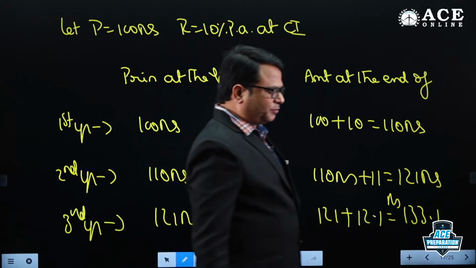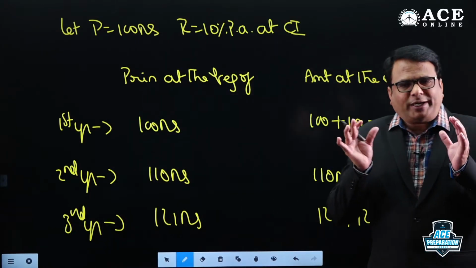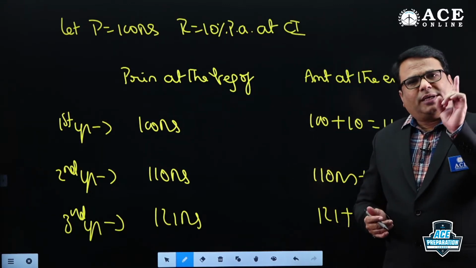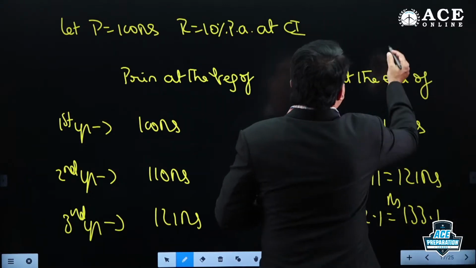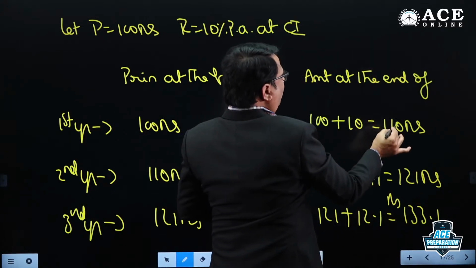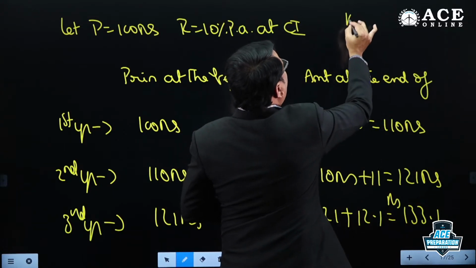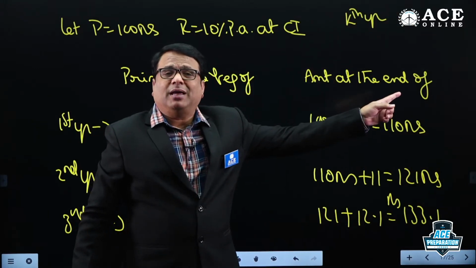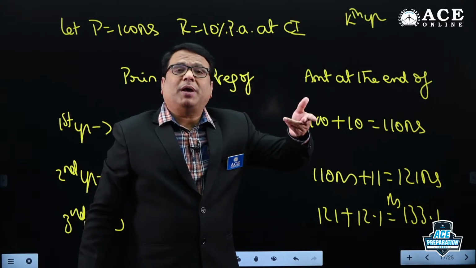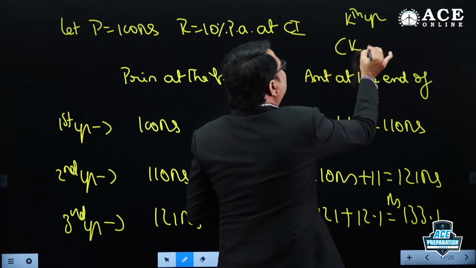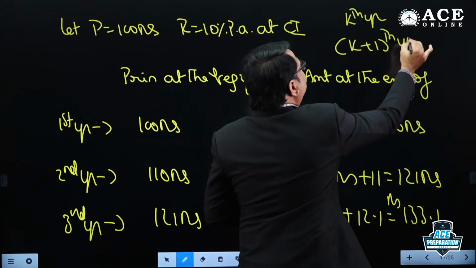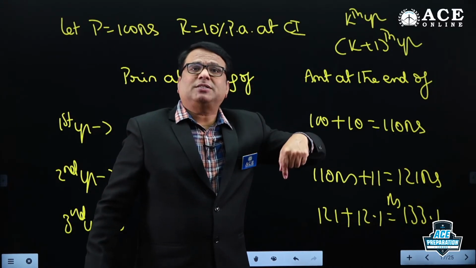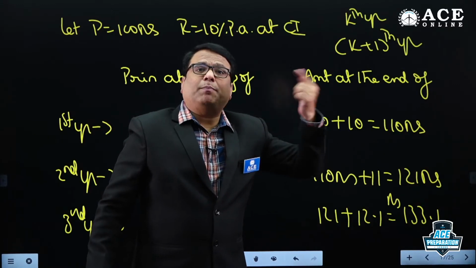Okay, so the point to catch in this whole table, I just generalize this. The amount at the end of the kth year will become the principal at the beginning of the k plus 1th year.